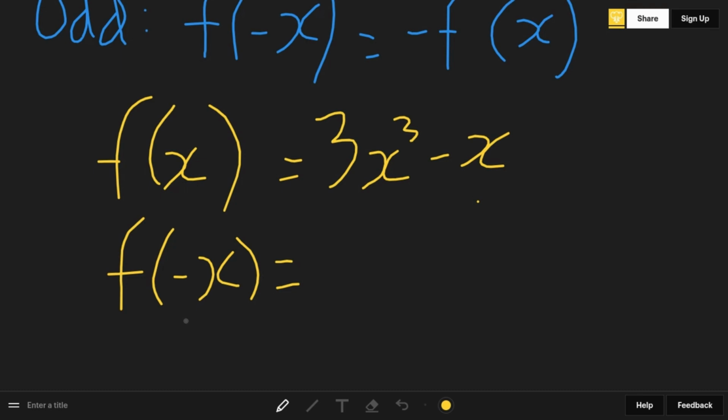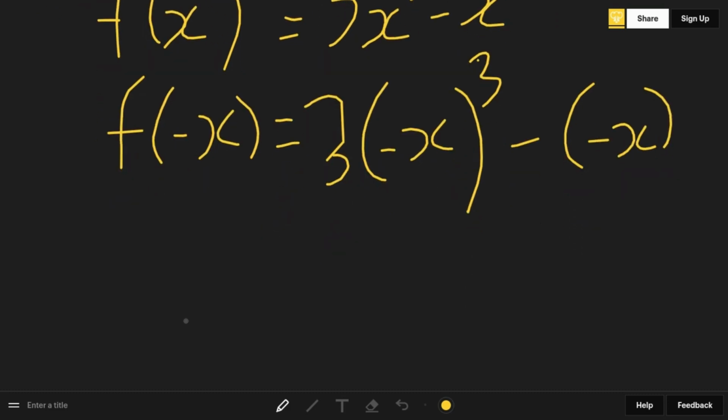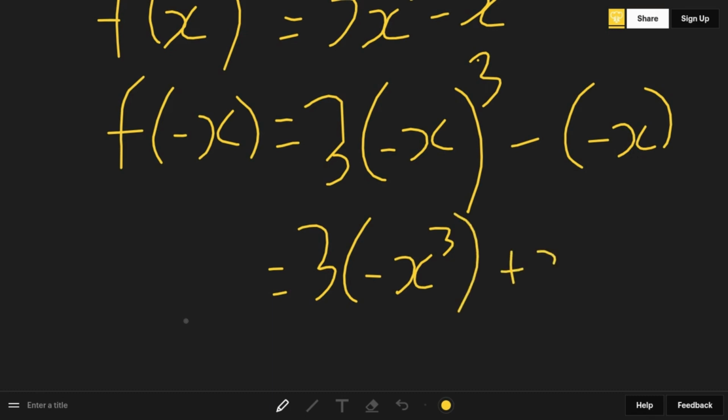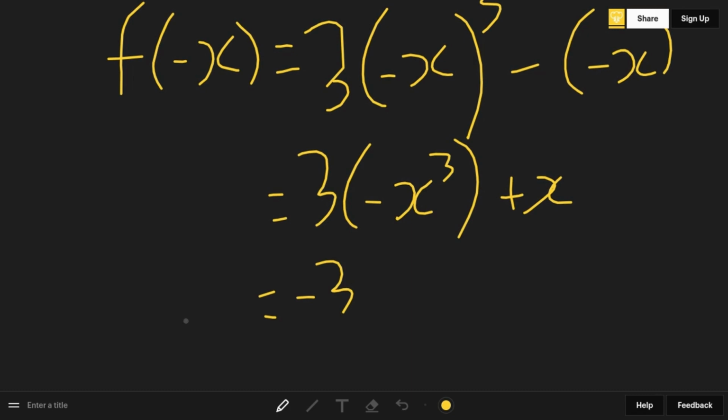And so if I plug in negative x here, I get 3 times negative x cubed minus negative x, which then becomes 3 times negative x cubed plus x, and this is just negative 3x cubed plus x.